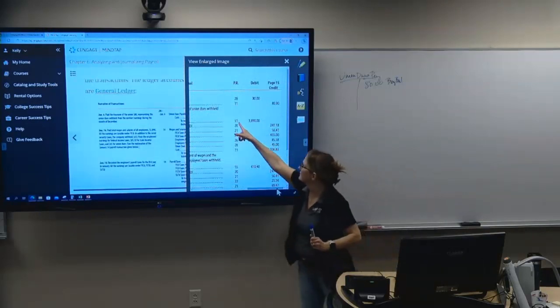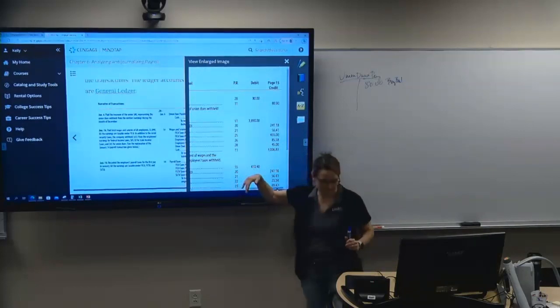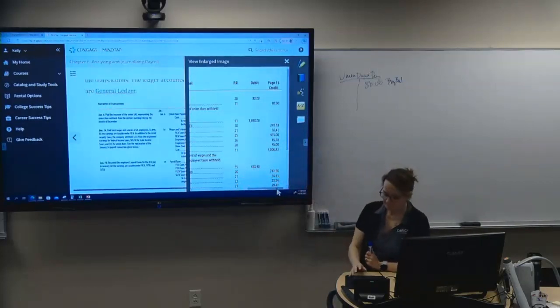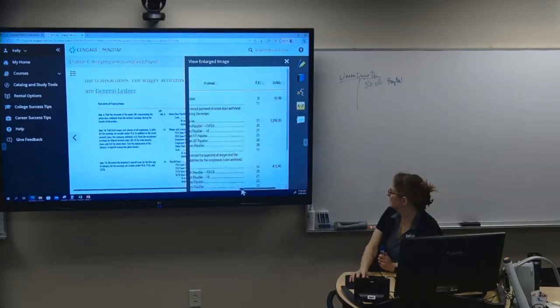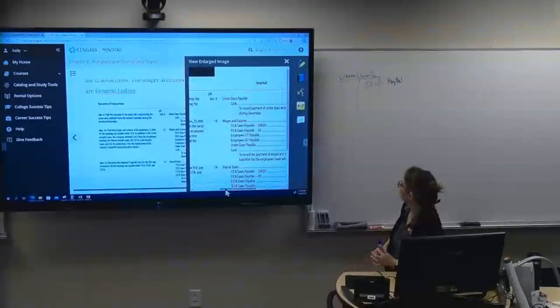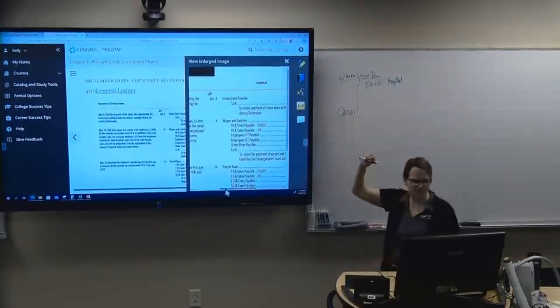These journal entries, of course, these are the account numbers. They had referenced the account numbers in the list of the different accounts there. So there's our beginning balance for union dues payable. We also had a beginning balance for cash, right? What was the beginning balance?